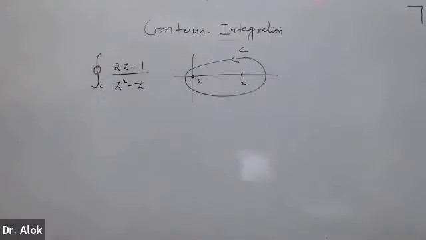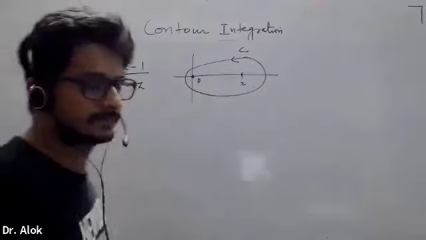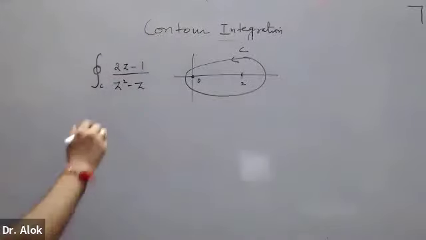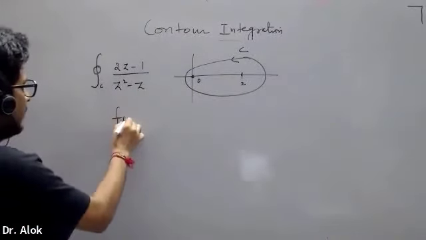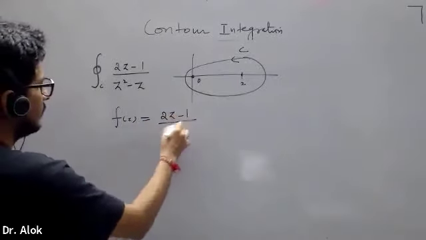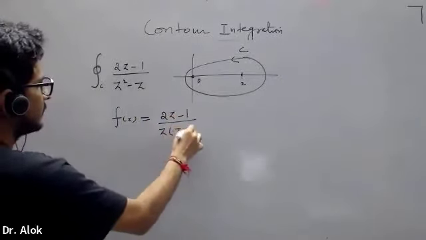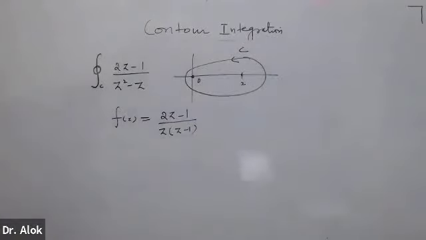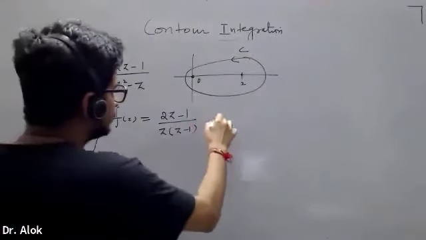Yes, sir. Yes. So what is f(z) here? (2z minus 1) over z(z minus 1). Agree? So what are the poles?